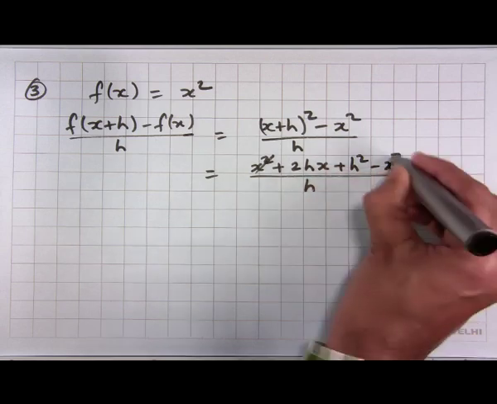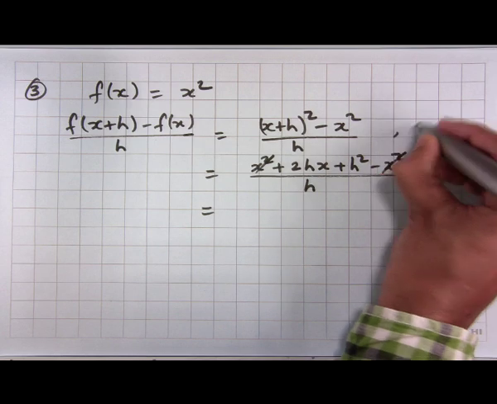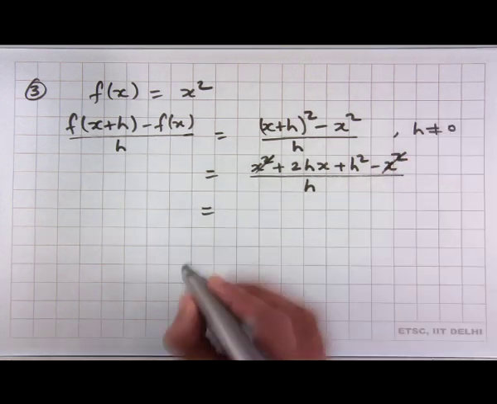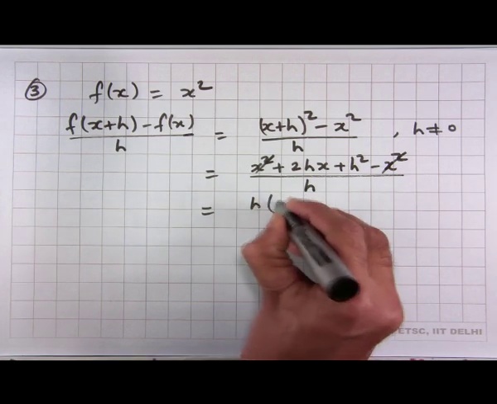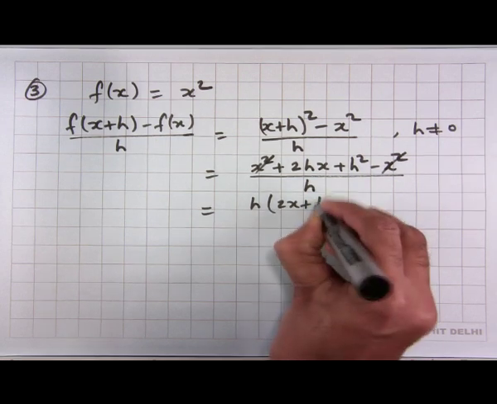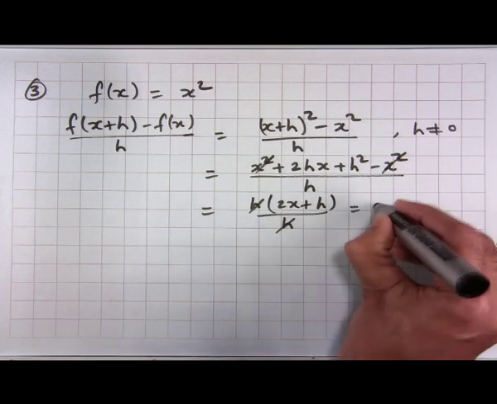Then x square and x square cancel. So, this we are writing always for h not equal to 0, and this is equal to h times 2x plus h by h. So, this is equal to 2x plus h.